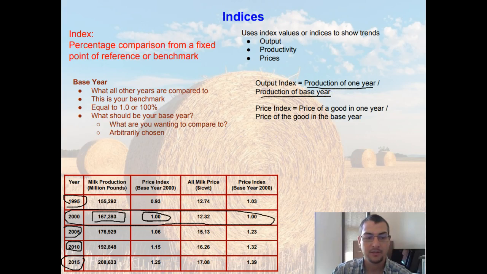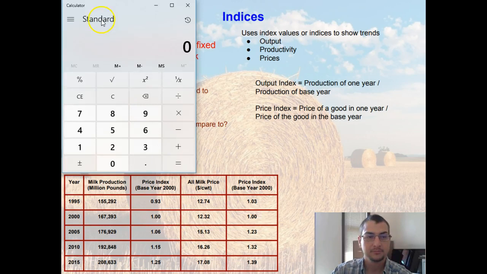So if we bring up a calculator, and we go through this, we're going to compare the production from 1995 to the production of the year 2000. So we say production of one year divided by the production of the base year. We have 155,292 million pounds of milk produced in 1995.